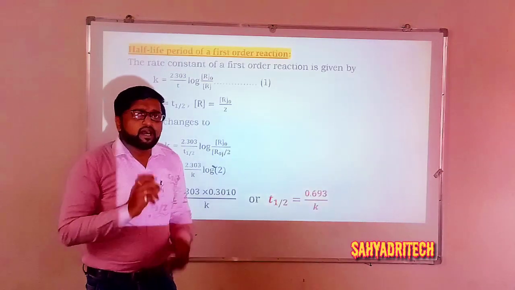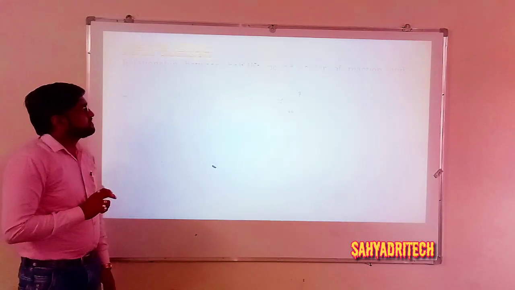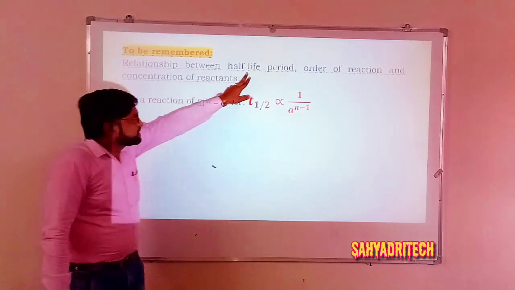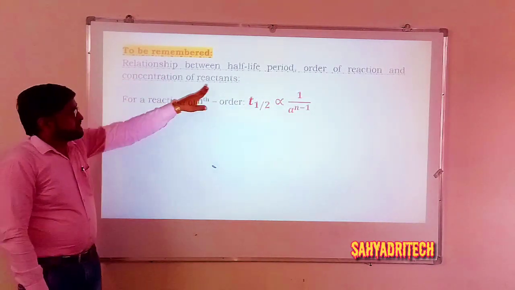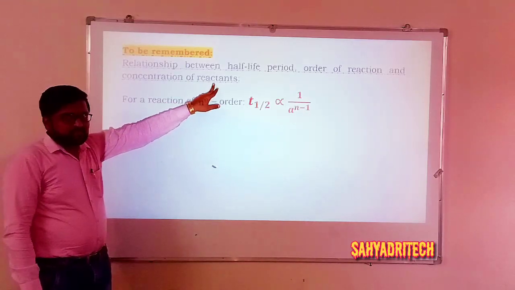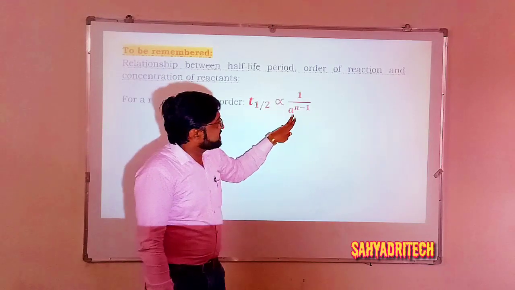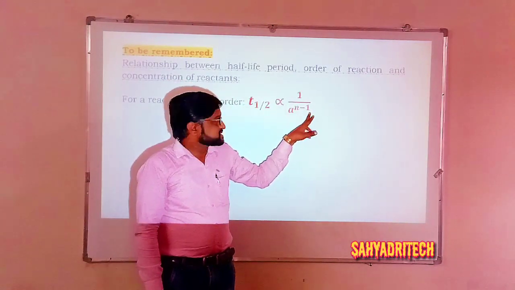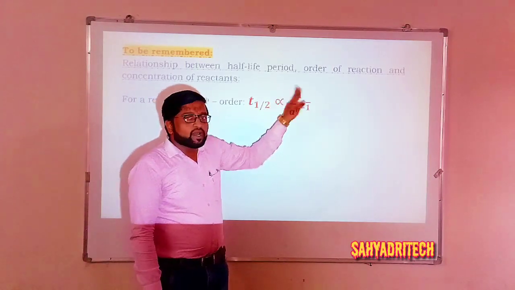Regarding half-life period, some important things to be remembered. What is the first one? The relationship between half-life period, order of a reaction, and concentration of reactant species. So how are they related? T half is proportional to 1 divided by A raised to n minus 1. Or else I can say T half is proportional to A raised to 1 minus n.